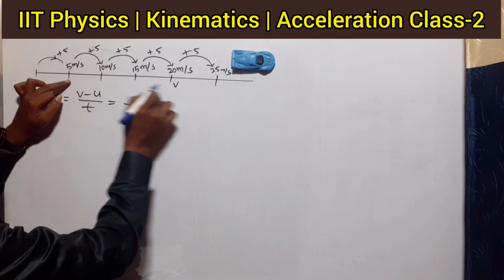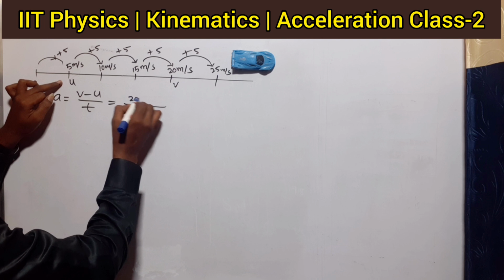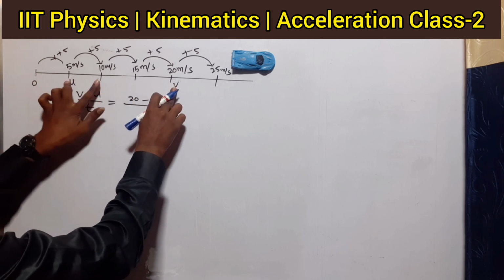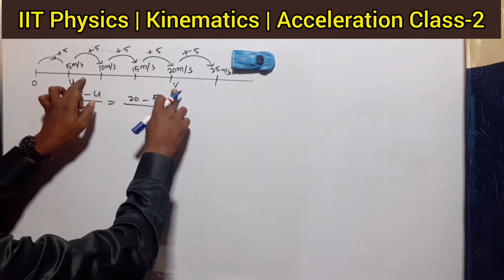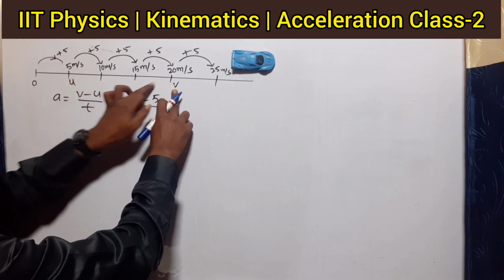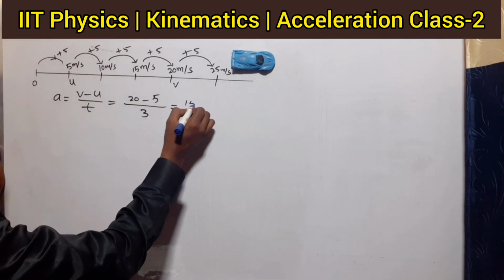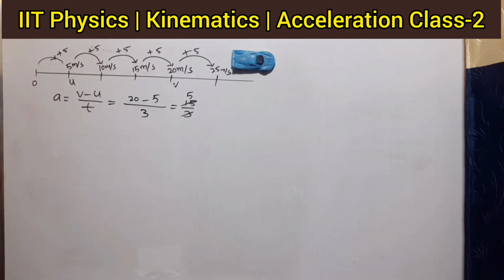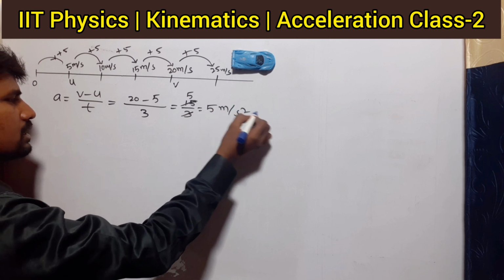Final velocity 20 is v, this is u. Then v minus u is 20 minus 5, which is 15. How much time duration? See, count the gaps: 1, 2, 3, so 3 seconds. 15 by 3 is 5. So here acceleration is 5 meter per second square.